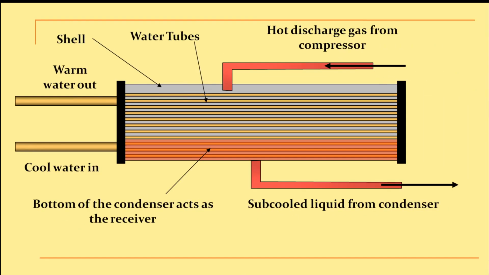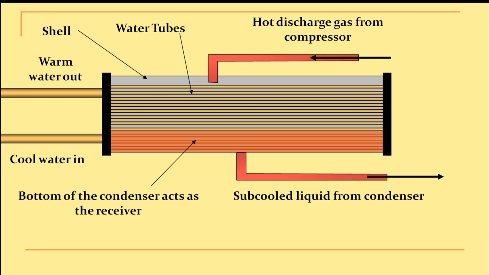And you can have shell and coil heat exchanger. Here you can see the shell and tube arrangement with a clear schematic diagram. So water tubes and the shell. Here the arrangement is different.